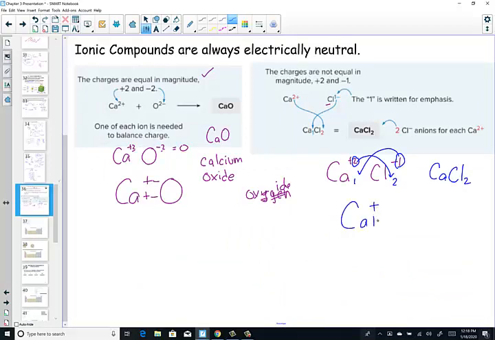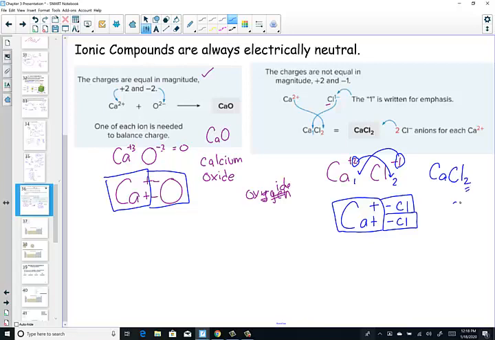So here's calcium. See how it's a +2 charge? Notice how each chloride at a -1 apiece, it took 2 units of chloride to balance the charge of 1 calcium ion. Notice that it took 1 calcium and 1 oxide to chemically balance a +2 and a -2.